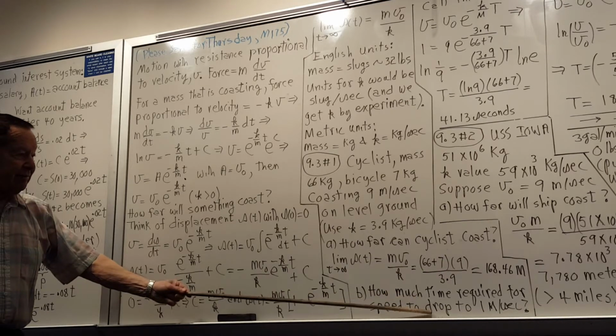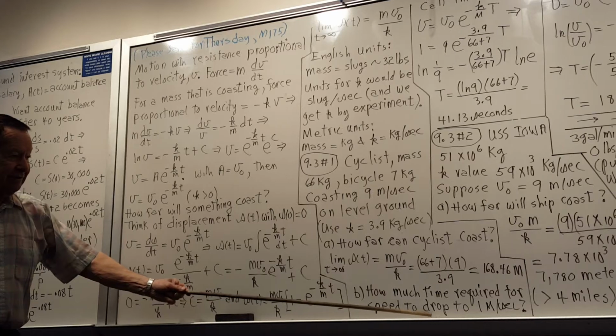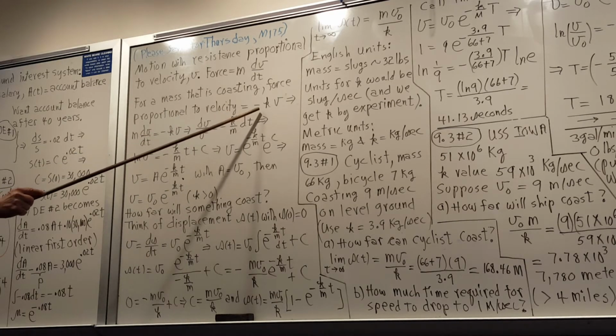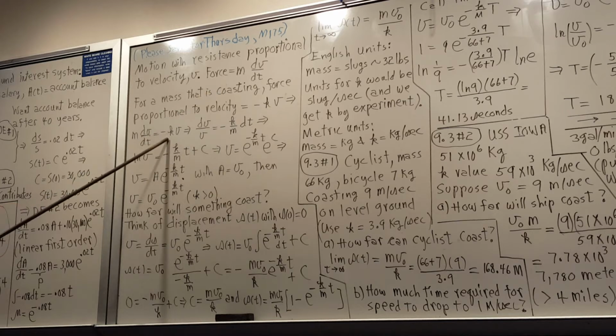So how much time is required for the speed to drop to 1 meter per second? Call that time T. And you see, we have our formula we got for velocity, on the assumption that the resistive force was proportional to velocity.